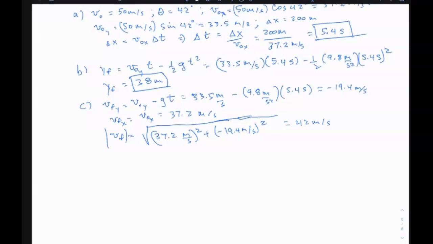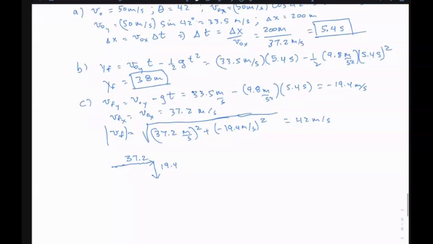So the x component is 37.2, and the y component is about half that, and negative, and it's 19.4 pointing downward. So V final points down in this direction, below the x-axis.